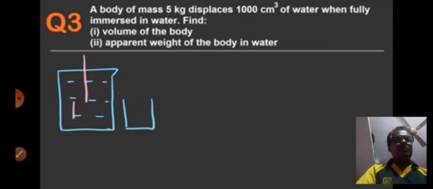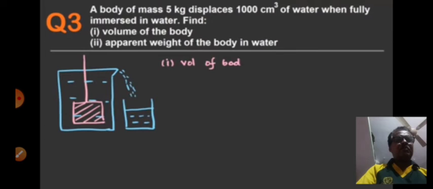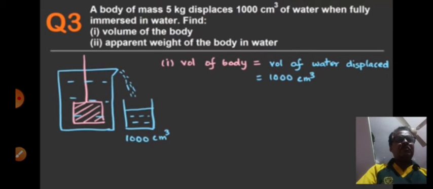Since the body is completely immersed in water, the volume of the body is the volume of the water it displaces. So it's going to be 1000 centimeter cube.